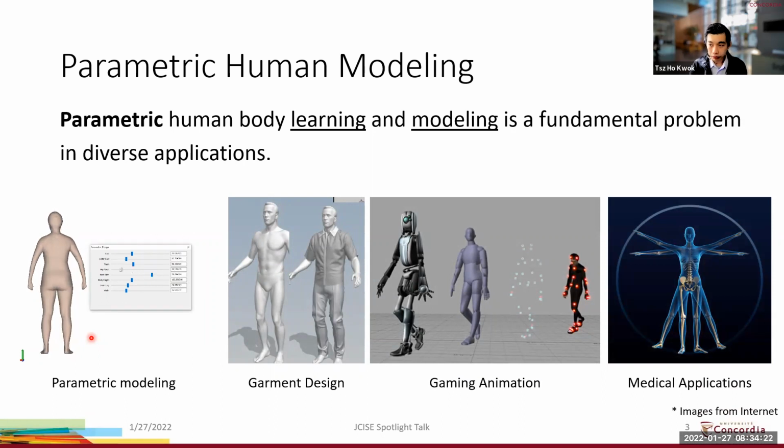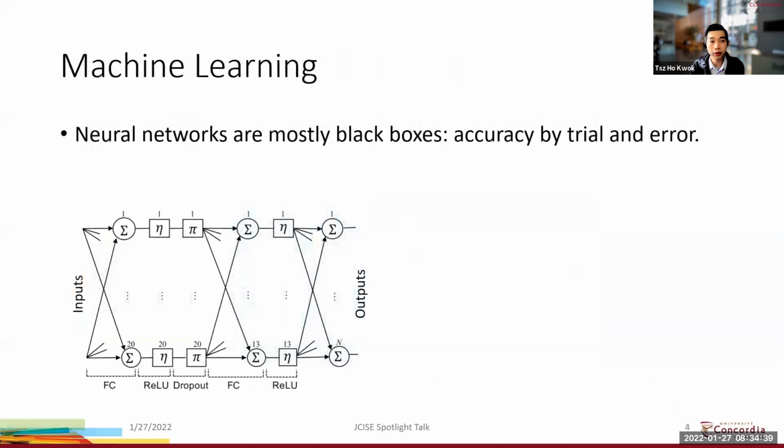And obviously, in parametric human modeling, the first important part is learning: learning the variation, learning the body change, learning the shape, all those things. In learning this data, we can use machine learning. However, machine learning, like neural networks, is mostly a black box, meaning that it creates predictive models directly from the data, which humans may not really understand.